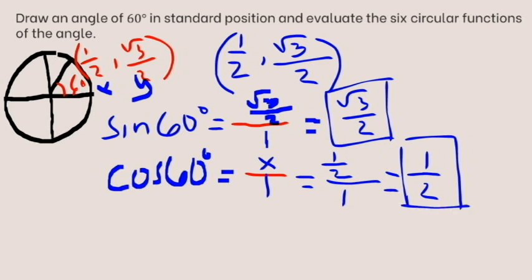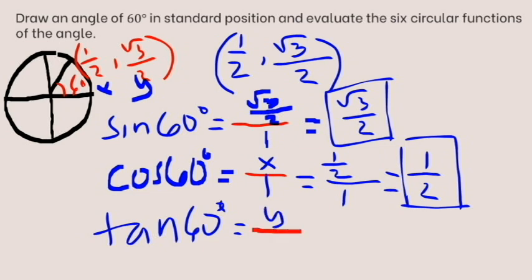Next is tangent. Tangent 60 degrees. For tangent 60 degrees, since the ratio of tangent is the opposite over adjacent, the opposite is the y, and the adjacent is x. Therefore, substitute the value.